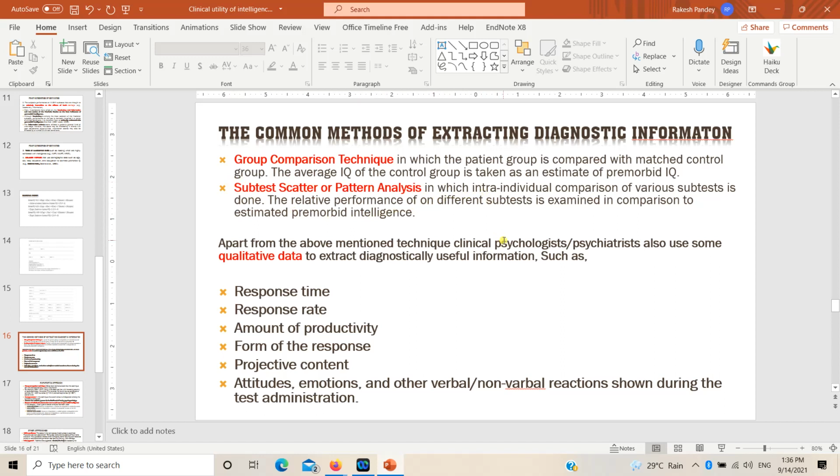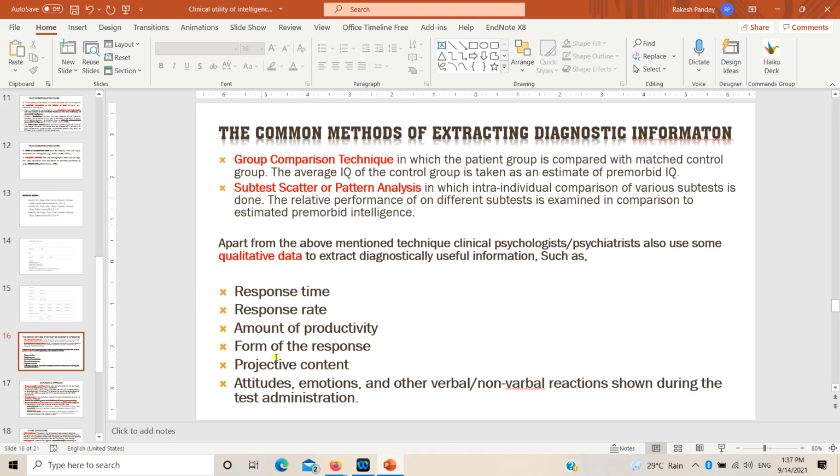Apart from these two broader techniques, there are some other techniques that I will discuss. But for having good clinical information, and more reliable conclusions based on intelligence tests, as I mentioned, the IQ test should be interpreted in context.